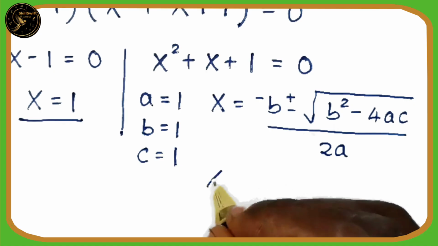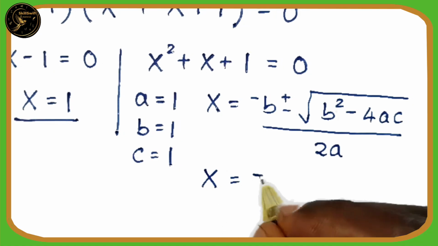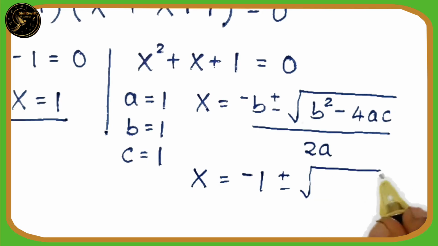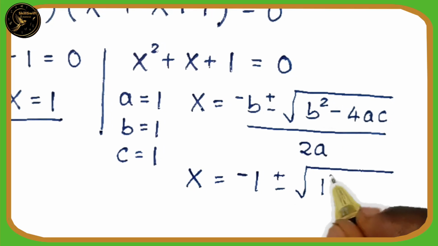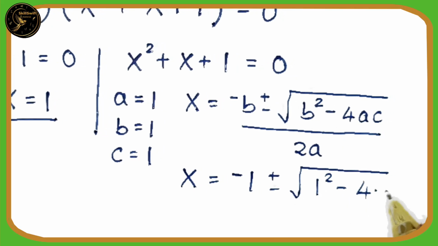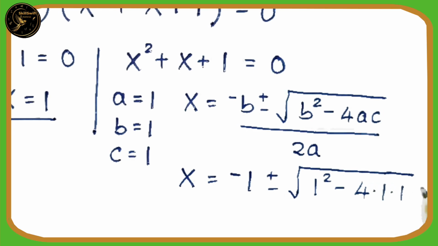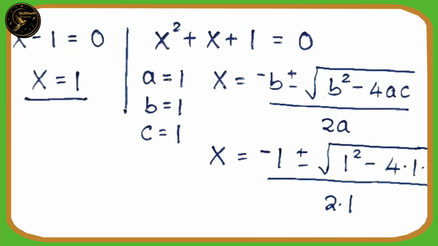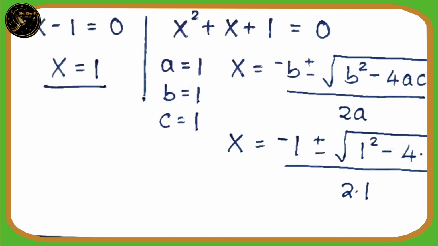We apply the quadratic formula to find the values of x: x is equal to negative b plus or minus the square root of b squared minus 4ac, over 2a. So x is equal to negative b, which is -1, plus or minus the square root of 1 squared minus 4 times 1 times 1, over 2 times 1, which is 2.